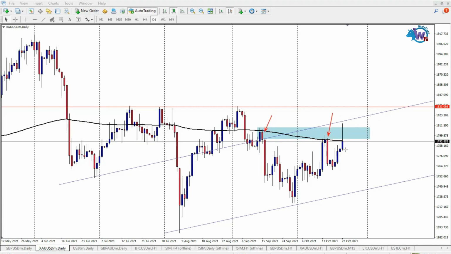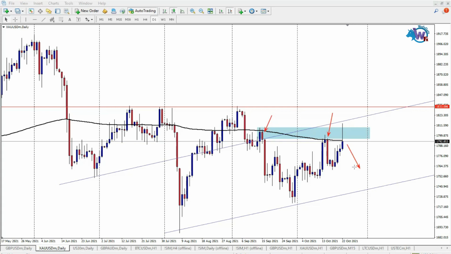So this time around, price had to break all the way through and return or reject sharply back below it. So on the daily, it's kind of mixed. It's kind of showing that there's weakness to the upside, and probably market is going to trend lower.